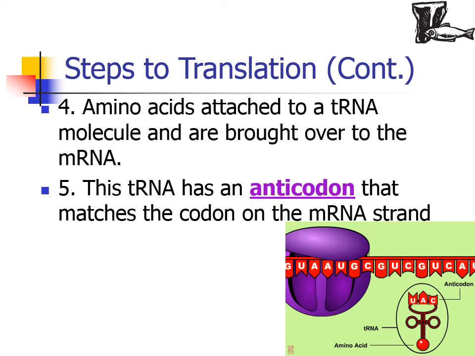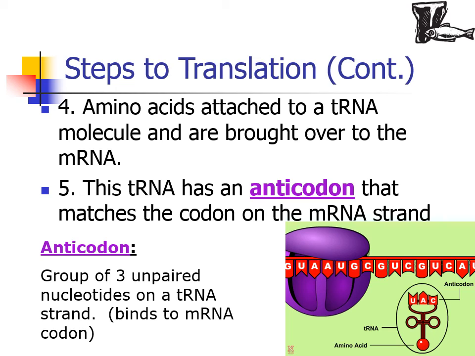The anticodon is UAC. That will then base pair to a matching codon on the messenger RNA. So that's how you know that the correct amino acid is being put in the correct place, because the anticodon has to be complementary to the actual codon located on the messenger RNA.